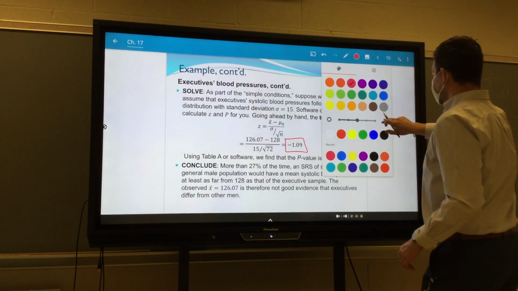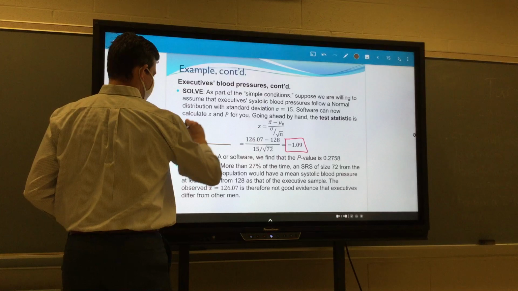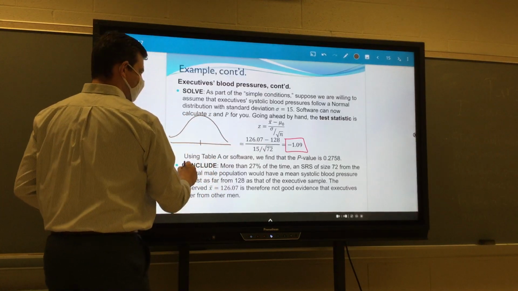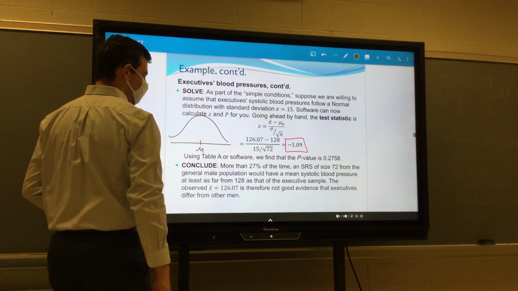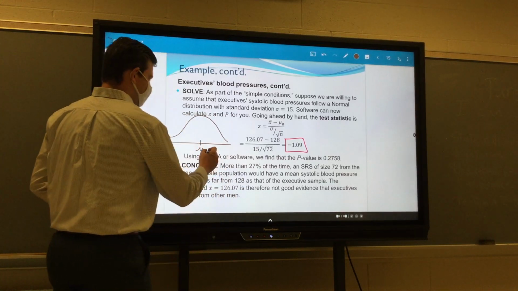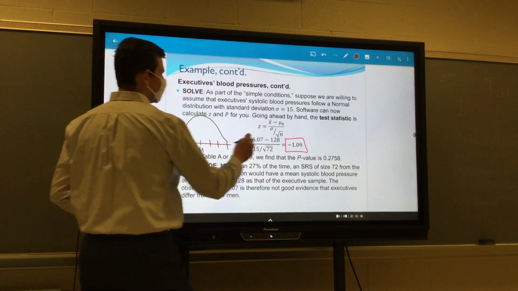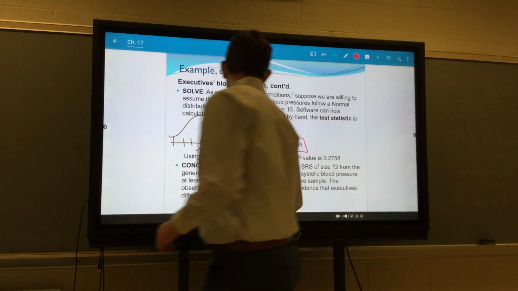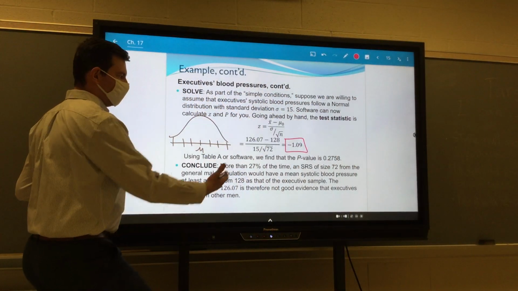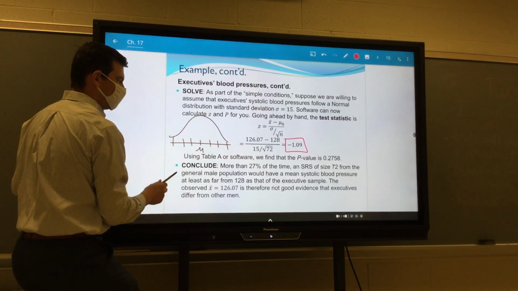What that would look like on our normal curve: we have our mean right there at the center, and 1, 2, 3 standard deviations to the left. We had a z-score of negative 1.09 because we were below the mean, below this mu value.